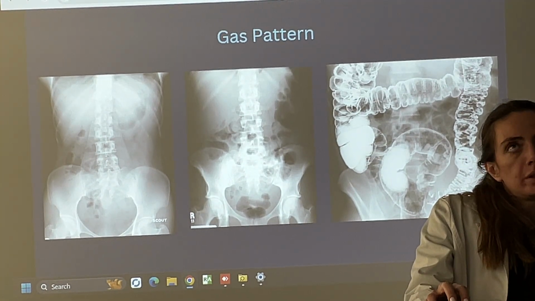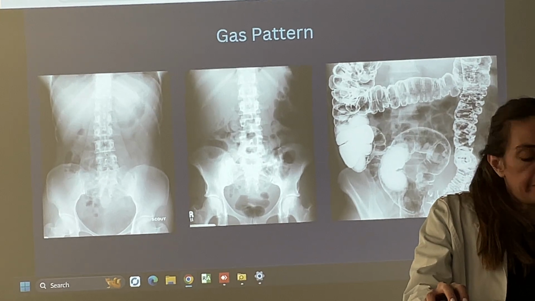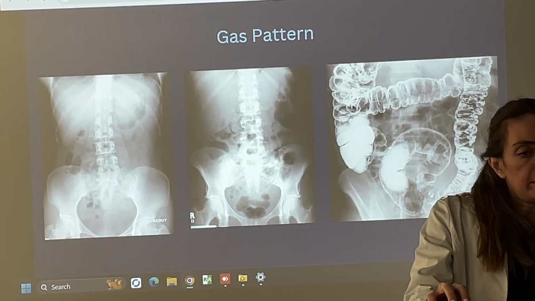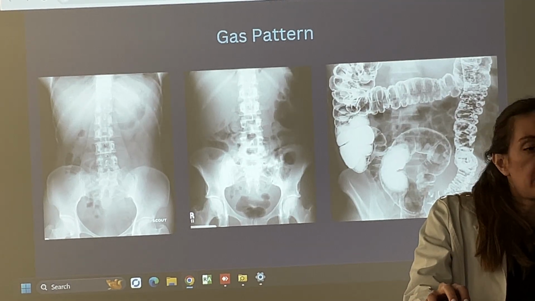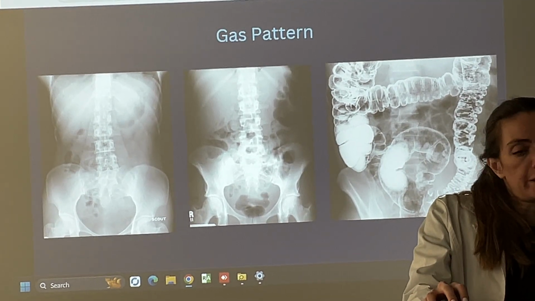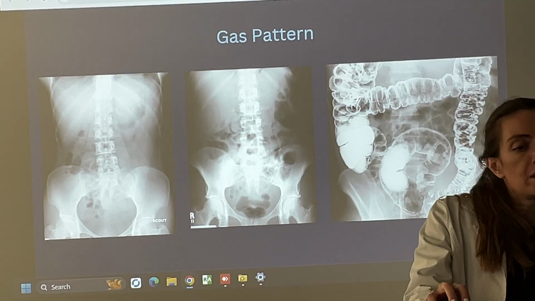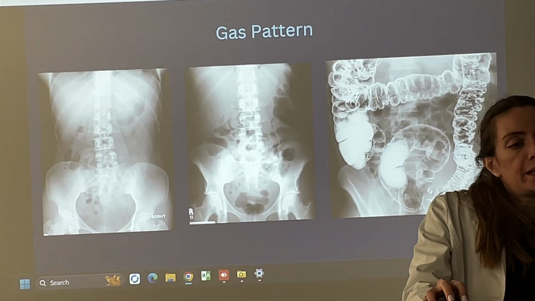So use this rule to decide if the large bowel is dilated or not. If the large bowel can normally distend to about the same size as it does on a barium enema examination, then it is not dilated.